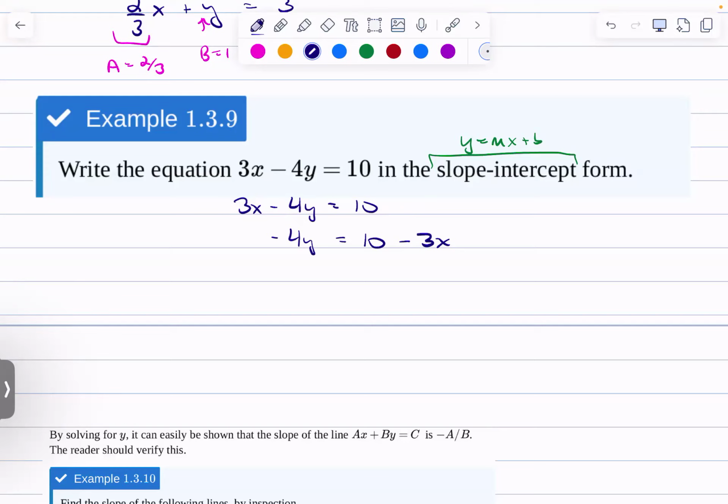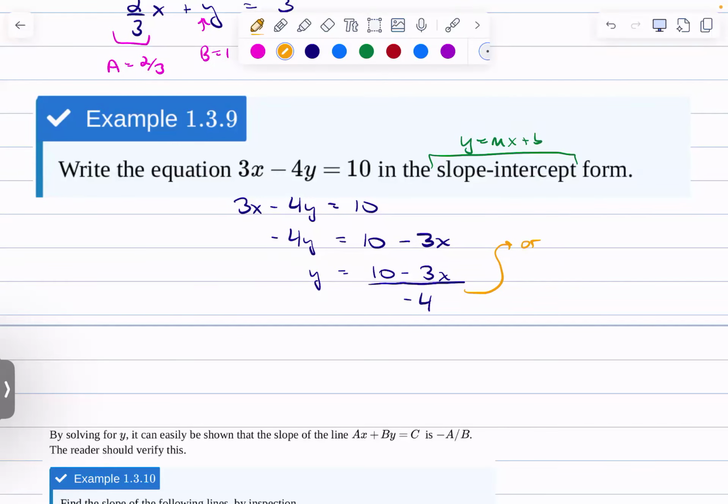Then, solving for y, I would need to divide both sides by negative 4, right? And that's going to cancel that negative 4 coefficient. And so then I get y is 10 minus 3x over negative 4. It's important that that negative 4 is dividing the entire thing on the right-hand side, right?